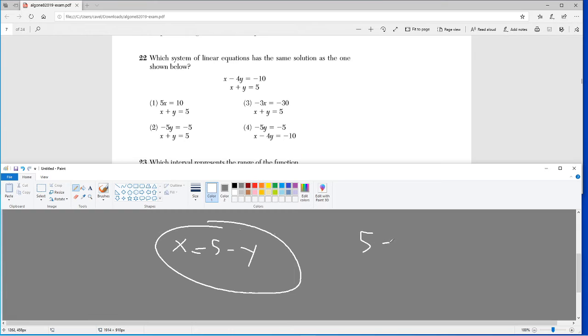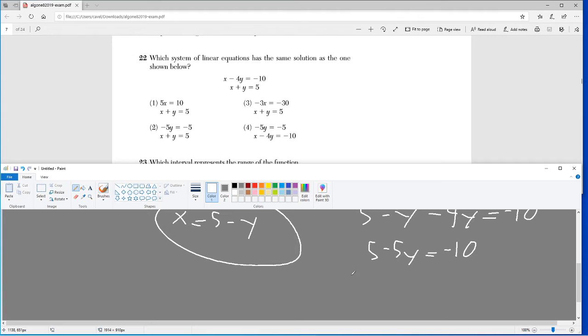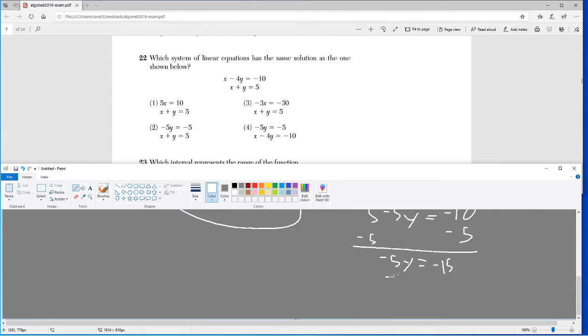Substituting, 5 minus 5y is equal to negative 10, so negative 5y is equal to negative 15. Negative 5 divided by negative 5, y is equal to 3.